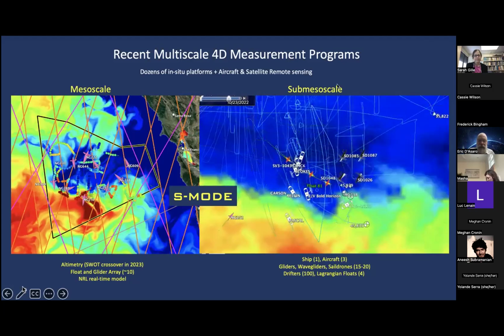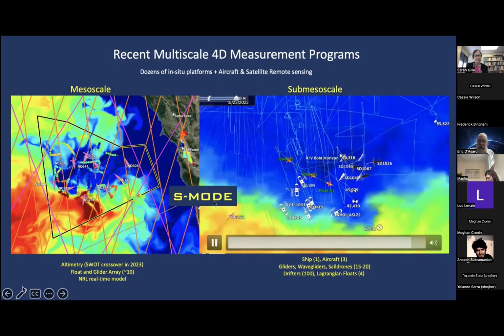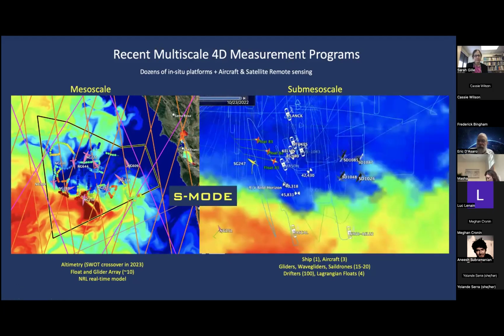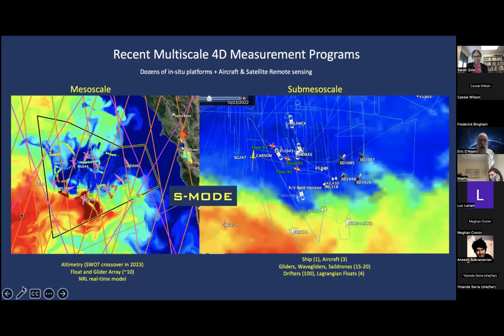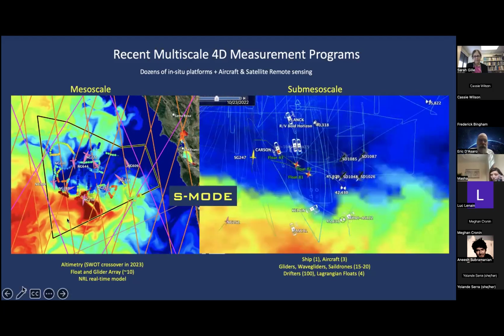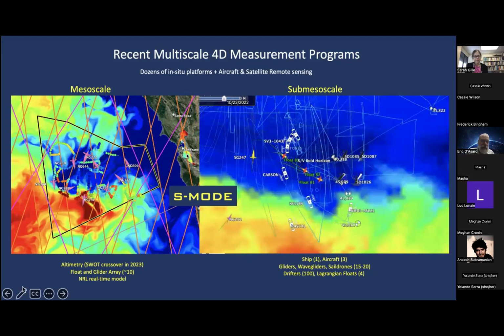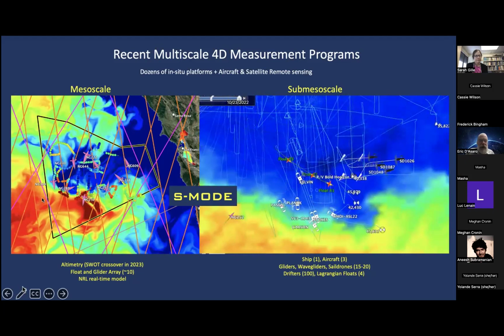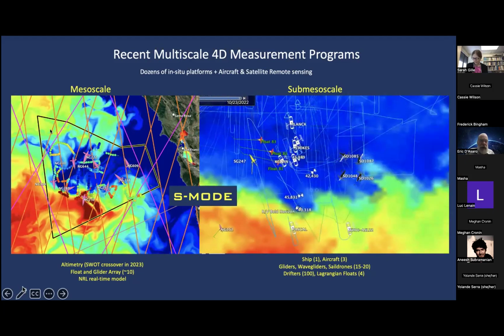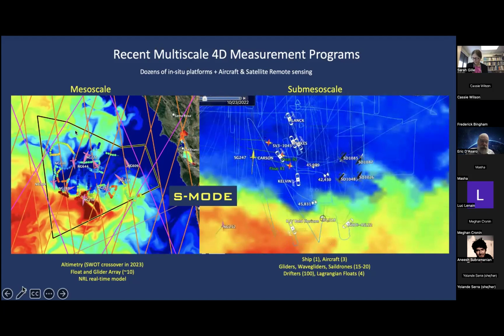This is from S-MODE. And this is actually from the second intensive S-MODE experiment in 2022, in which we had, this is off California, there's San Francisco, classic place. This is a temperature image. We had a mesoscale component where you could do regular, classic mesoscale work along with altimetry.